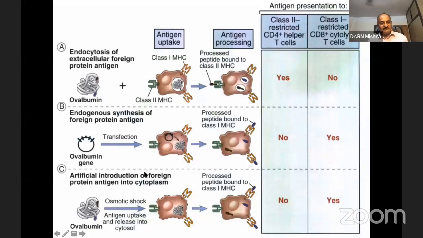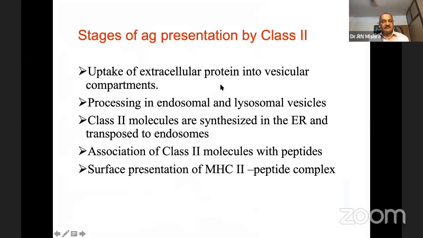You can artificially introduce foreign protein antigen into the cytoplasm, and then it can be presented by class 1. But if the cell engulfs this protein, it will be presented by class 2.